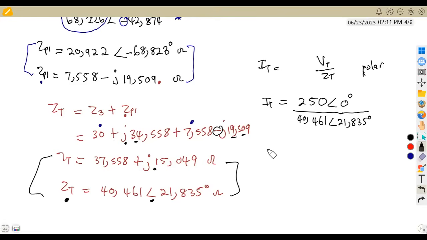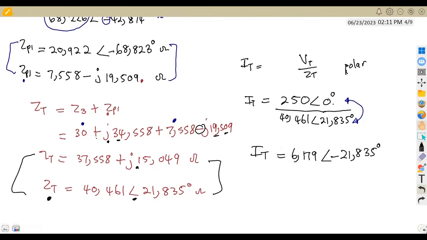This is going to give us the total current. Remember, in polar form, you divide the moduli together. So it's 250 divided by 40.461, which is going to give us 6.179. Then for the angles, you subtract angles in polar form. So it's 0 minus this, which is going to give us negative 21.835 degrees. All right, so this is current, which is measured in amps.